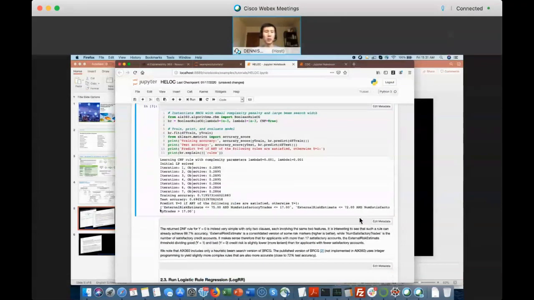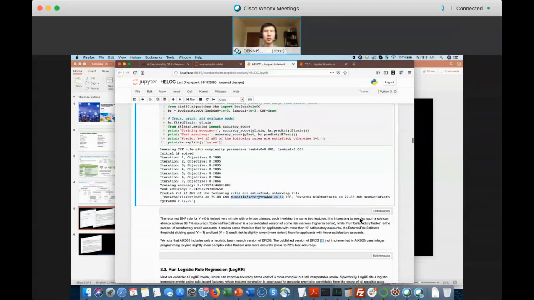And these are the two rules that it has come up with for predicting y equals 0. That's the bad credit risk label. Let me interpret it a different way.